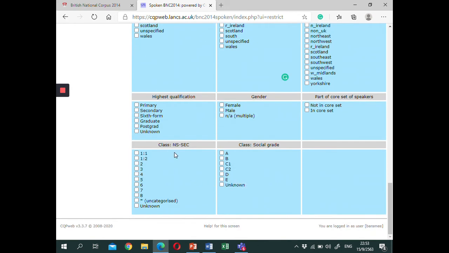The class NSSEC is the classification used as the government standard based on the National Statistics Socioeconomic Classification. The social grades are based on the National Readership Survey's Social Grade Demographic Classification System. This system has been used widely in marketing research.